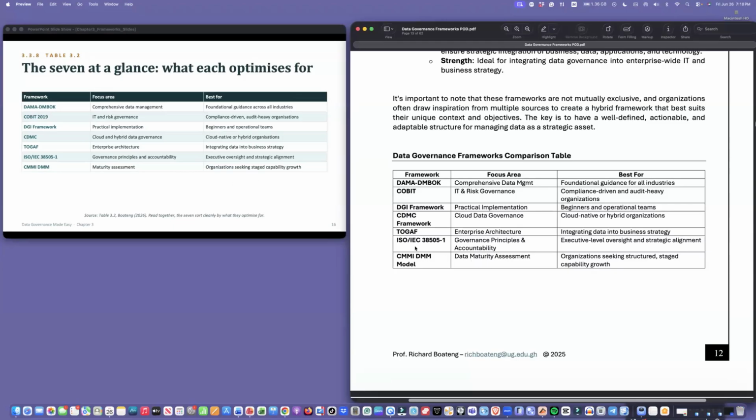For example, the ISO may be highlighted, the DMBOK may be taught, and COBIT may be taught. Then maybe somebody may mention DGI. So not all of them will be taught. Through the particular certification he did, he was exposed to this. And sometimes the other ones, like Microsoft has something too. So if you do a Microsoft certification, you may end up learning Microsoft. IBM has certain things too. So if you do an IBM certification, you may go through IBM.